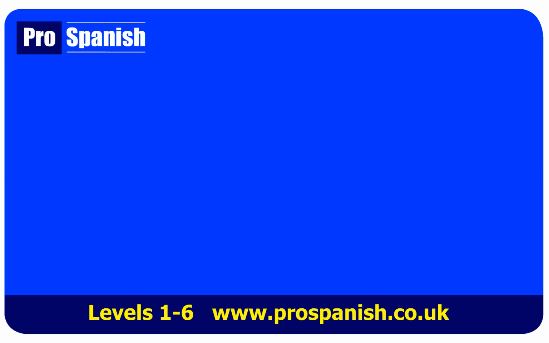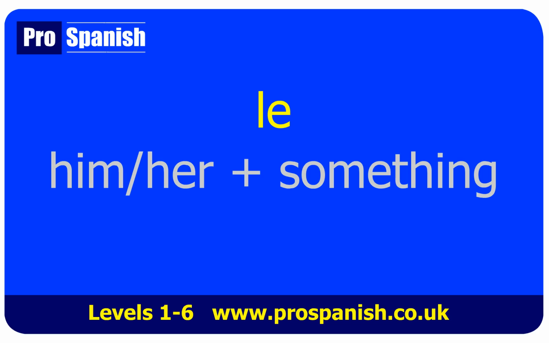Easy. When le is used, there's always something else involved. There's always something else. So something is our clue. Before, when we looked at to buy him, to give him or her, to tell him or her, it was always something.